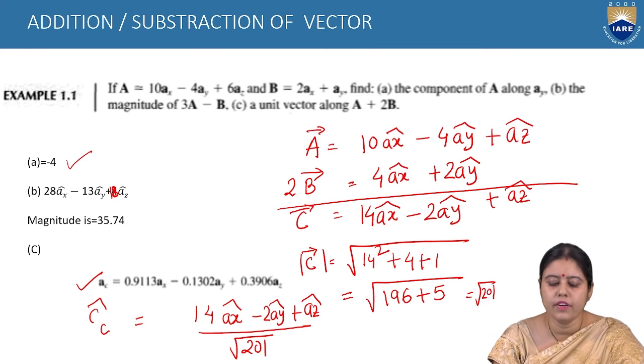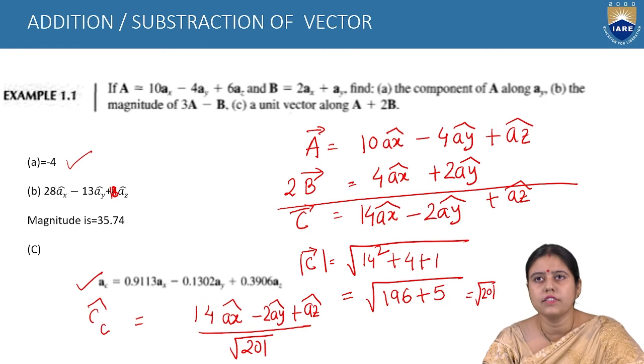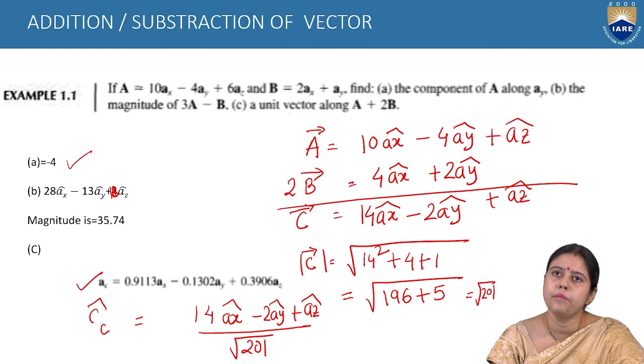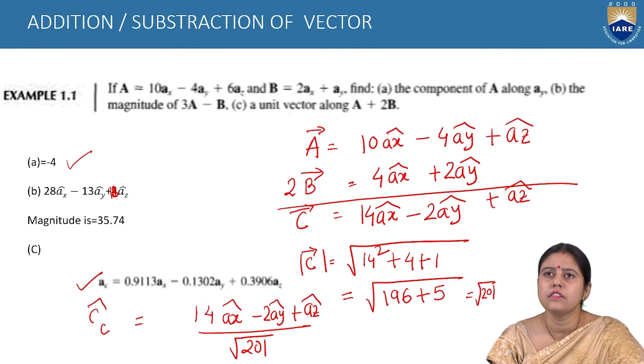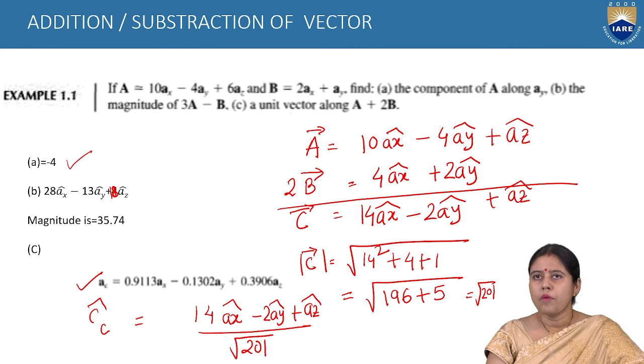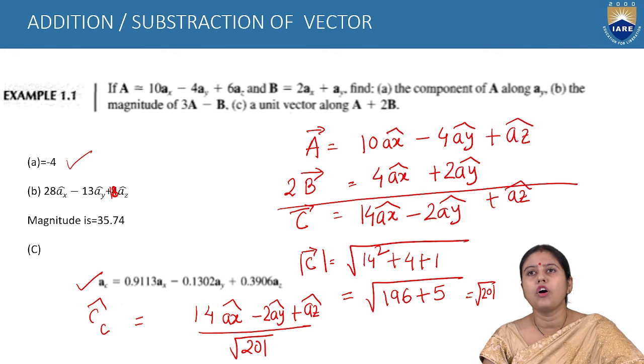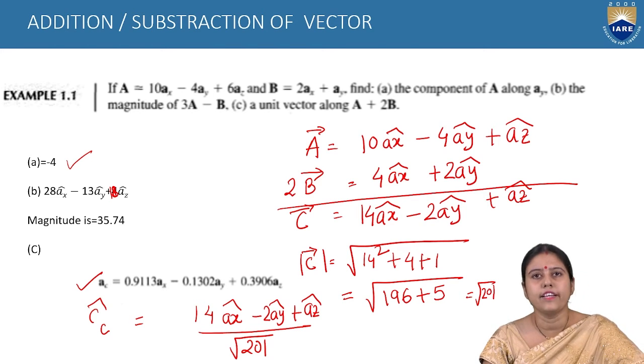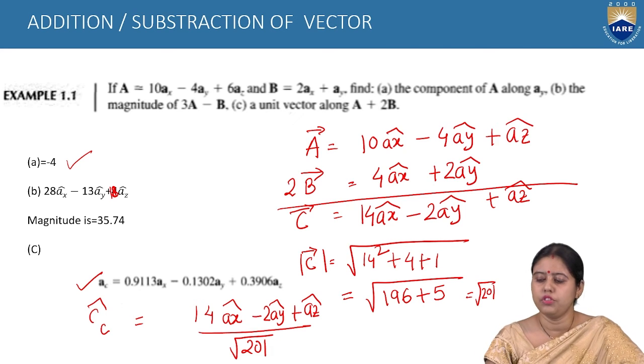Next step is we will calculate the c vector, A plus 2b. So after this, we will take the magnitude. How to take the magnitude? Already we have discussed how to calculate the unit vector. So what is the formula? Root of component of x square plus component of y square plus component of z square. So what is the unit vector? Unit vector equals the total vector divided by its magnitude.